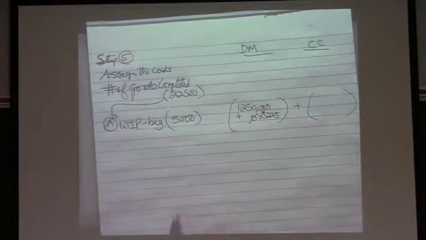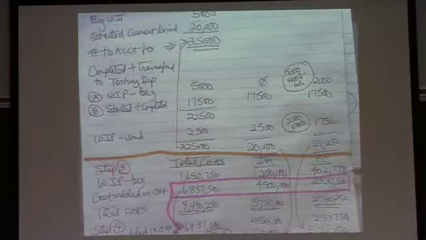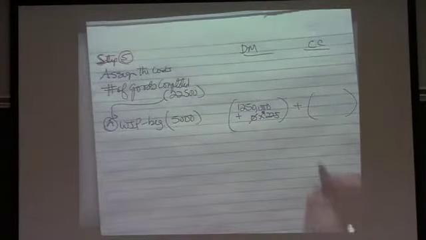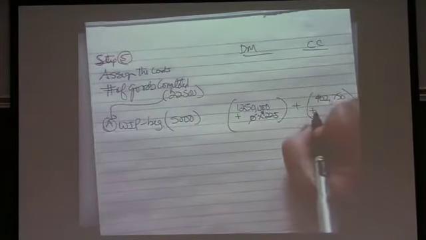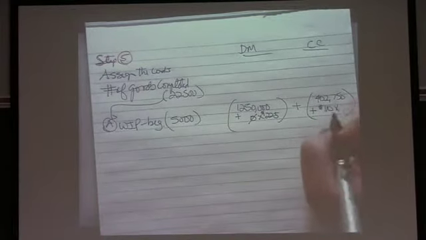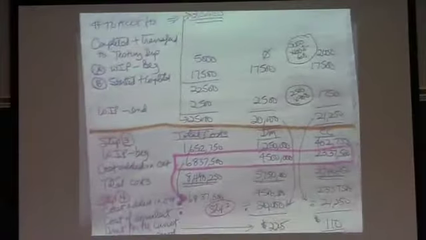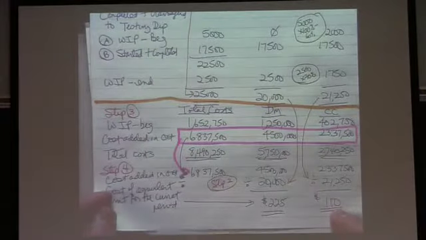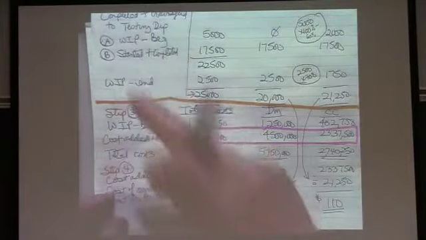Plus the conversion cost, we looked at step 3 and we incurred 402,750 from the prior period. Plus, we're going to take the per unit cost of $110 times 2,000 equivalent units. So the 110 came from here, per unit. And we were told there are 2,000 equivalent units from beginning inventory.